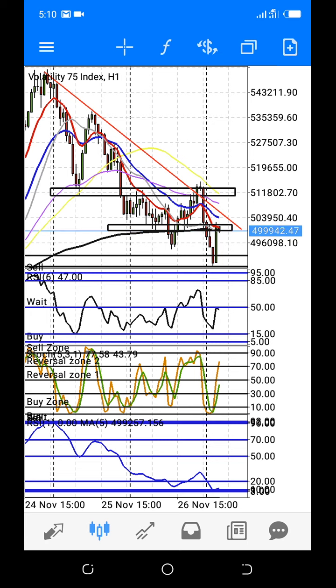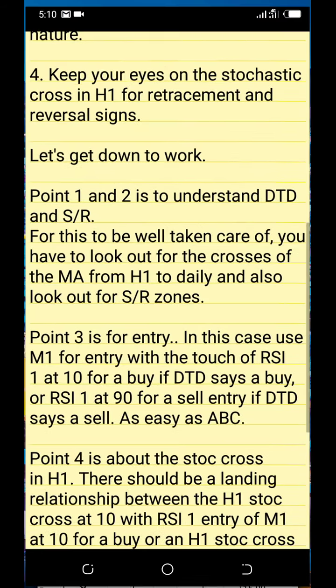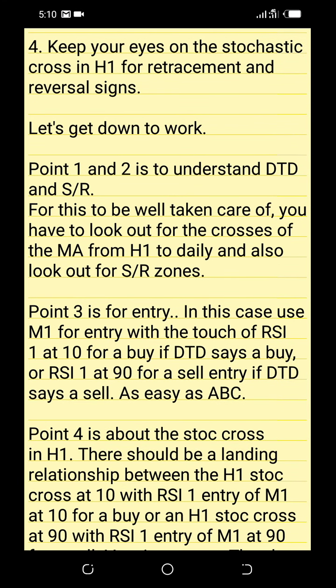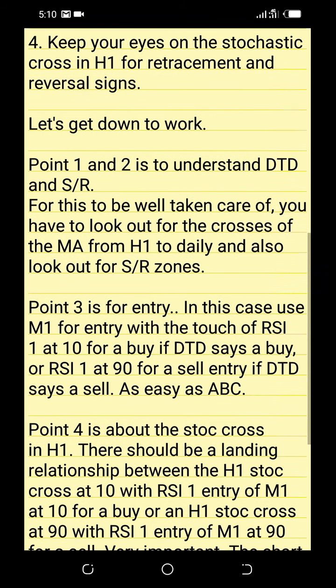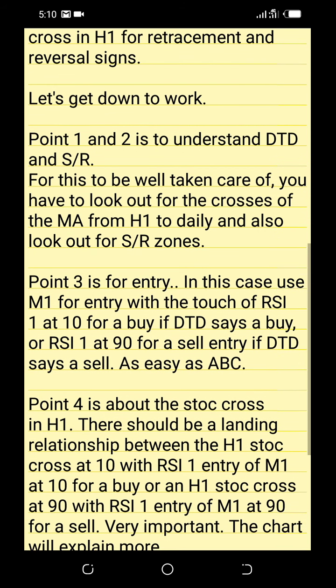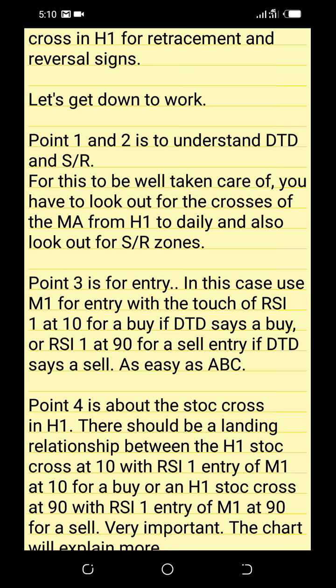So now the next thing is we come back to, so for this to be well taken care of, you have to look out for the crosses of the moving average. Remember, to get DTD, you have to check if the red, that is the 10 moving average, has crossed over the blue, the 22 EMA.